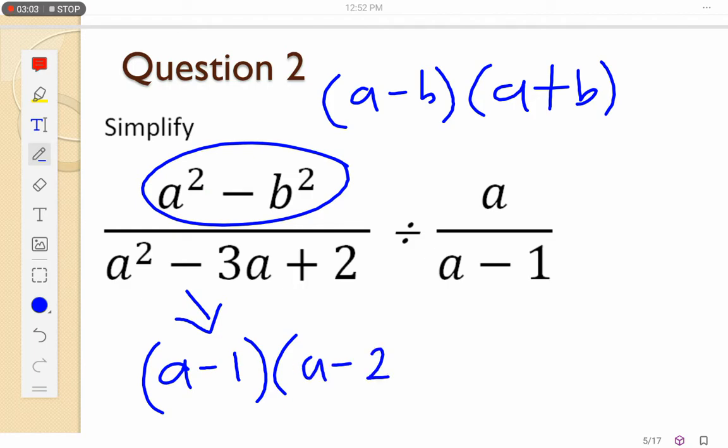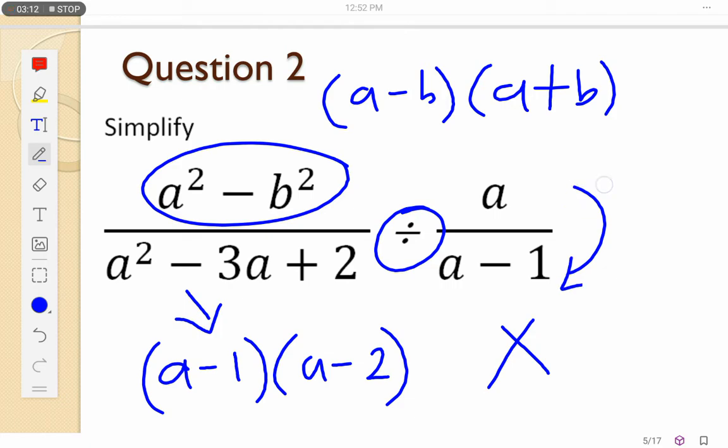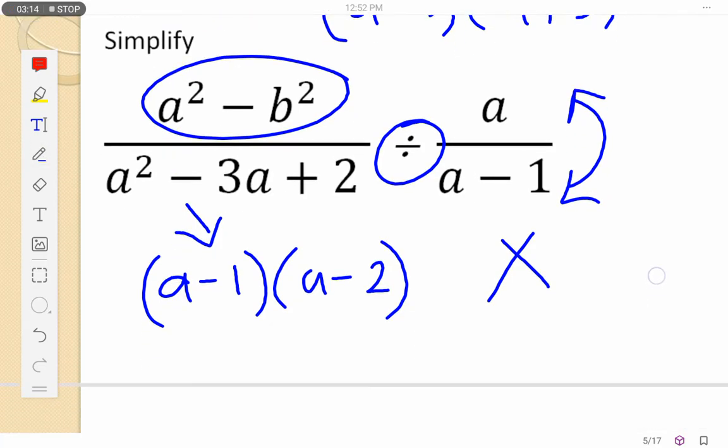Then also remembering that we are dividing, we can change the sign to a multiplication and invert these two, interchanging them. Okay, now let's do that.